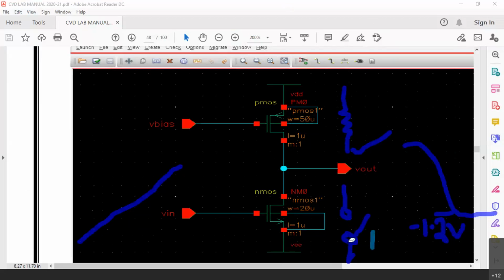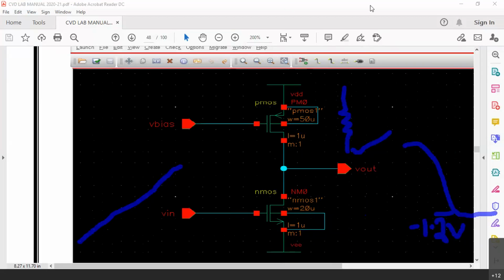In the inverter, we did not bother about any of these things. We used to operate it only in the linear region and in the cutoff region. But in the amplifier, this is supposed to be in the saturation region. It should neither be completely on nor completely off. If this NMOS becomes completely on, then we have an amplitude distortion.